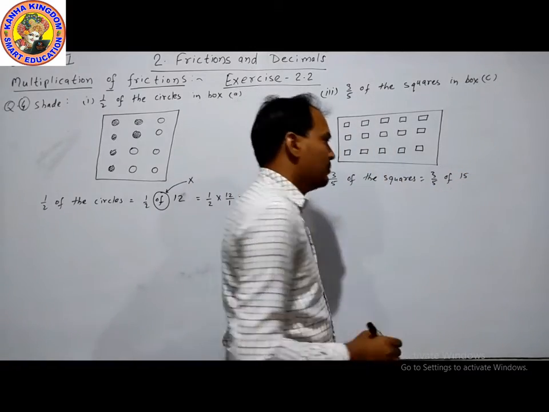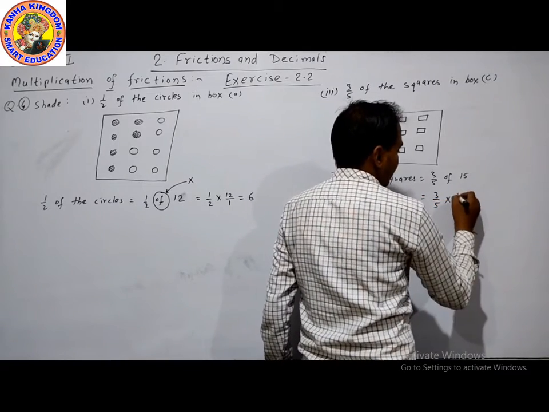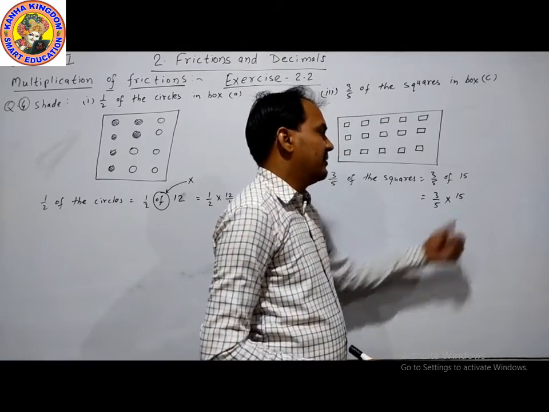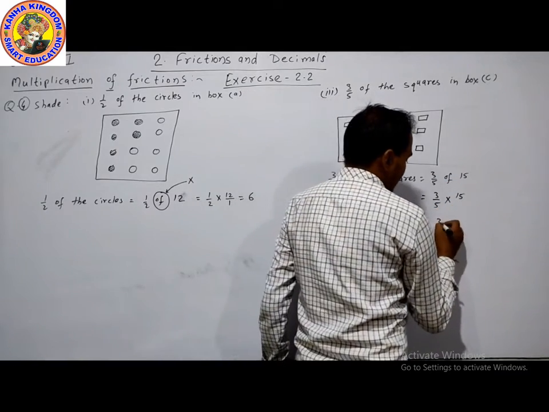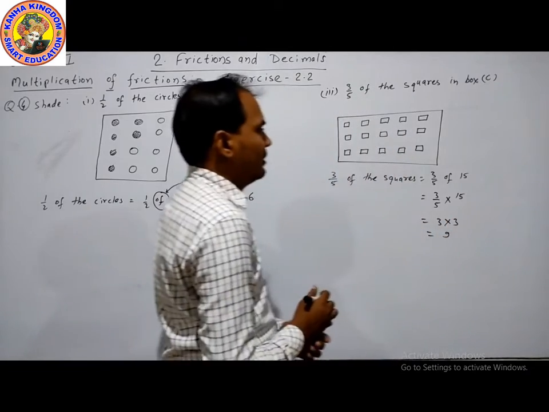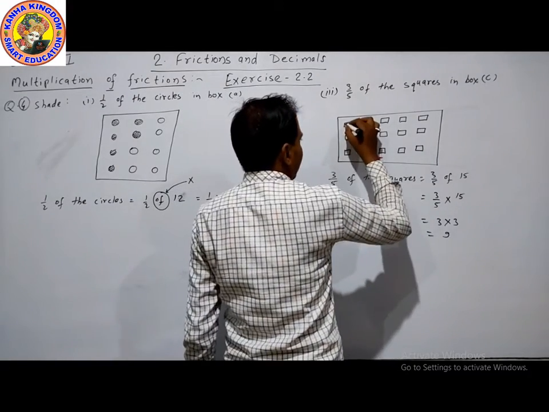Now we will replace of by multiplication. 5 can divide 15 by 3 times. So the answer is 3 into 3, 9. We will shade 9 squares in this diagram.